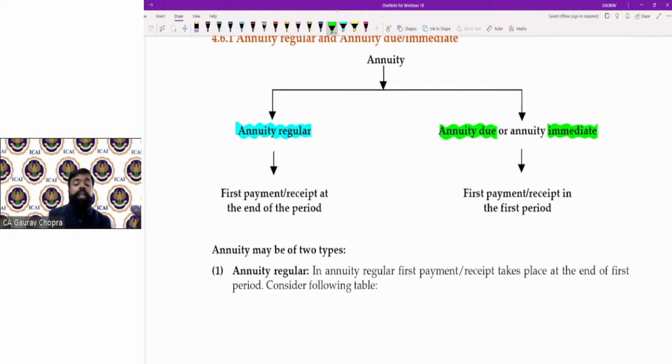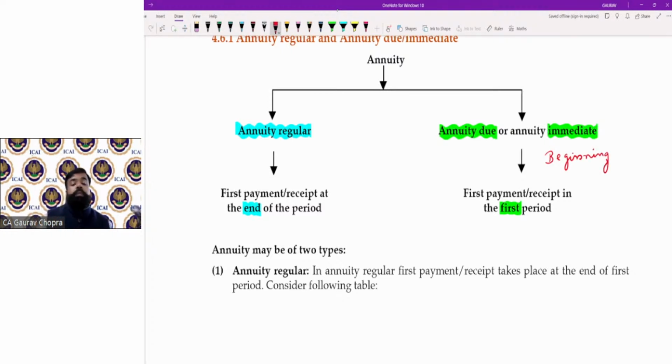So in case of annuity regular, the payment or receipt is at the end of the period. जब भी हम रेगुलर की बात कर रहे हैं तो हमें पैसा कब देना है? मंथ के एंड में। अगर क्वार्टरली है तो क्वार्टर के एंड में, ईयरली है तो ईयर के एंड में हमें पेमेंट करना है, शुरुआत में नहीं करना है। Whereas in case of annuity due में क्या करना है? The payment is in the first period, starting में, beginning में पेमेंट करना है. So payment is in the beginning.